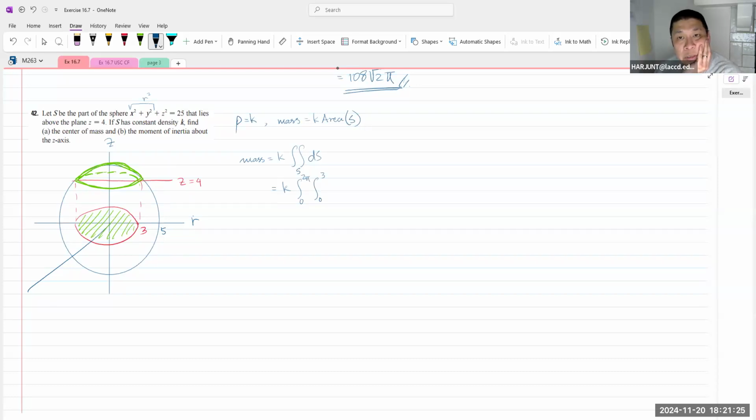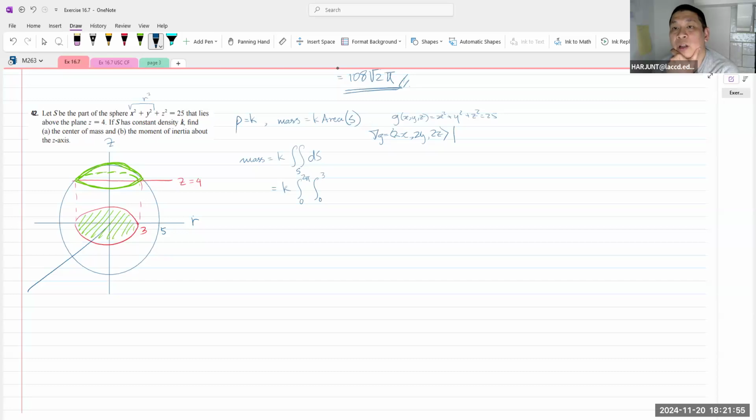How about the parameterization there? If g(x, y, z) is that surface x squared plus y squared plus z squared equals 25, then the gradient of g is 2x, 2y, 2z, which is normal to that surface S, right?